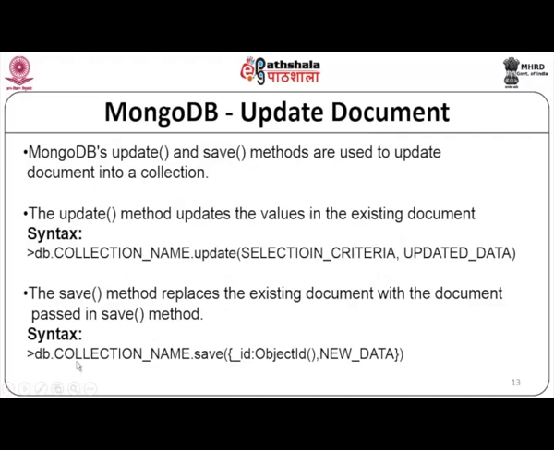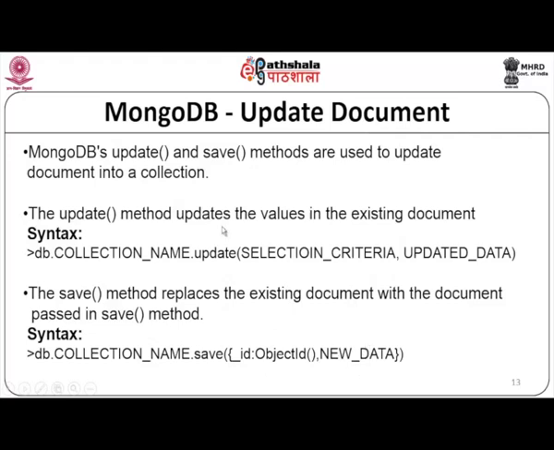So, the general syntax for the save method is db dot the collection name dot save. It takes in two parameters as arguments. One is the object ID, that is the object which you want to replace with the new data which is passed as the second argument.